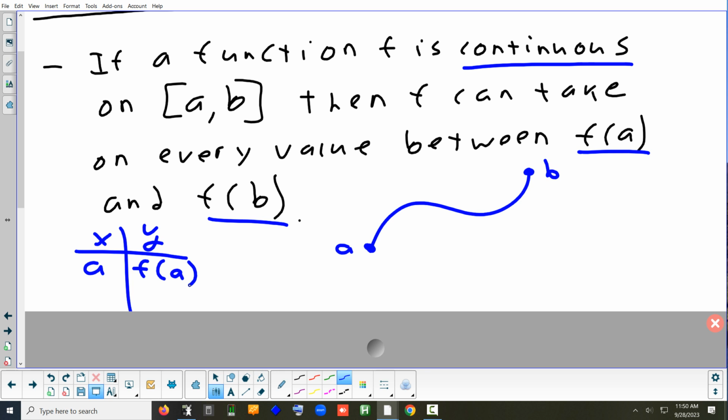Well, I'd have to plug A into a formula to figure out what the Y value is. I don't know what it is. Here's B. And then you'd have some B value, or Y value, when you plug B into the formula.